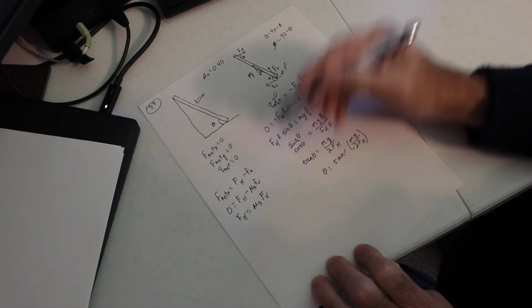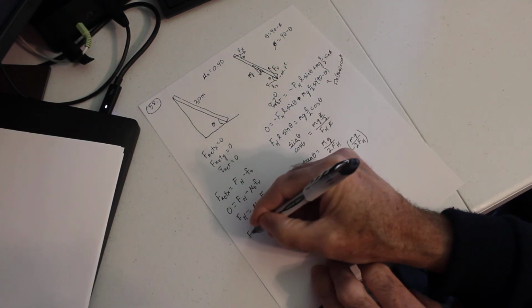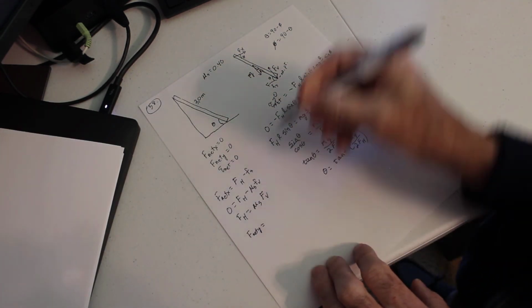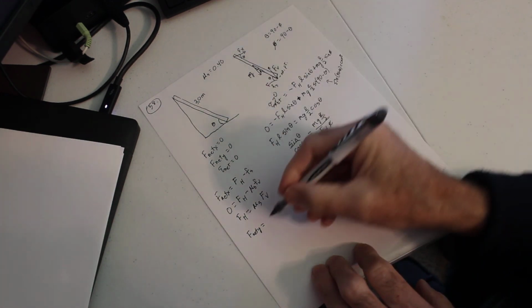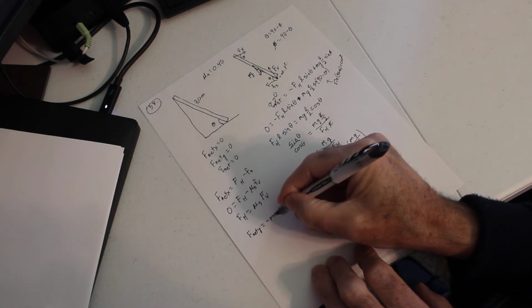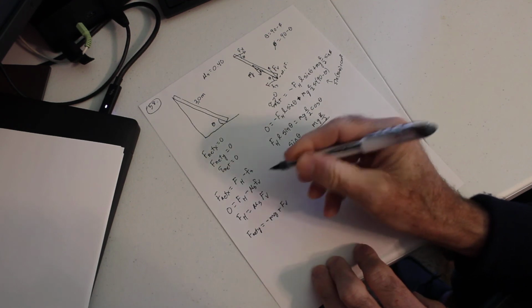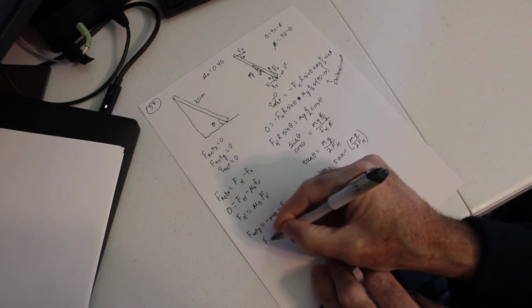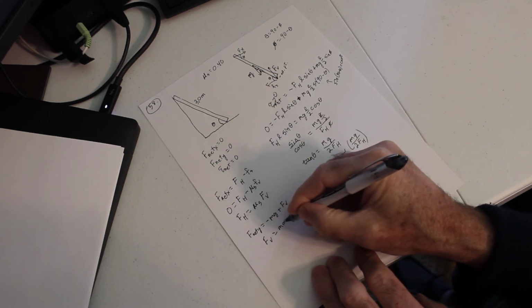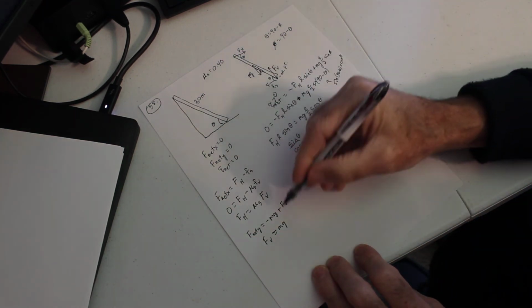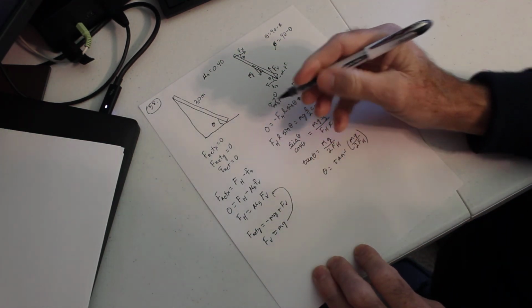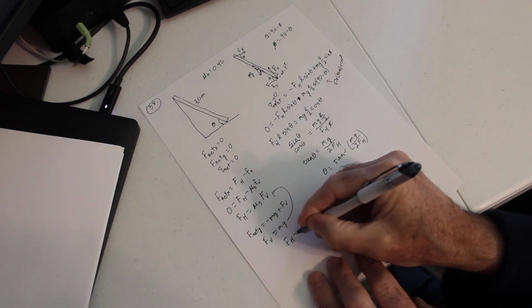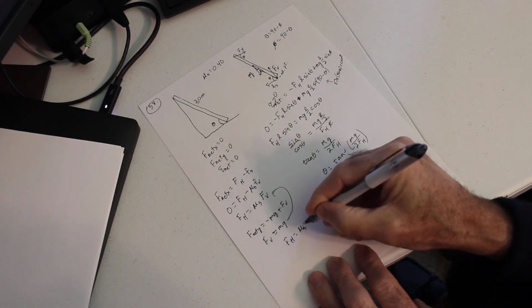Now I have to figure out what the vertical force is. Well, I have to do F net y. I have mg going down, so it's minus mg, and positive FV. So FV is just equal to mg. Then I plug that back in, and I get that the horizontal force is equal to mu sub s mg.